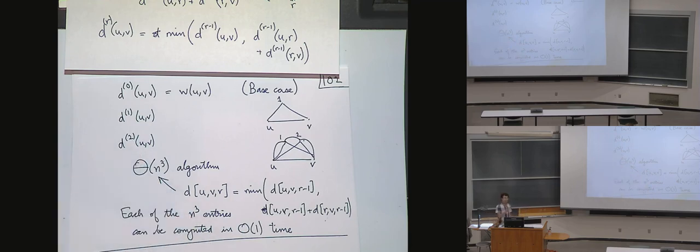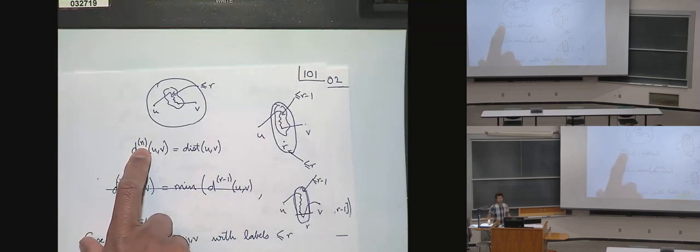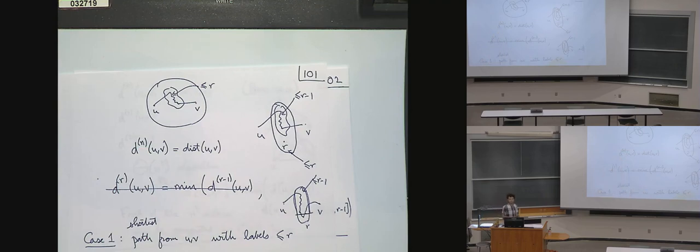D2 says you're also allowed to go via any of 1 and 2. D3 of UV says that you can go via 1, 2, or 3, in any order, and so on. Now, you're asking how do you pick 1, 2, 3, 4? It doesn't matter. You pick it any way you want, because in the end, as you finish the recurrence, you're going to go over all possible vertices. When you look at Dn, that's saying take any vertex whose label is at most n, but all vertices have label at most n. So you get to use all the vertices.